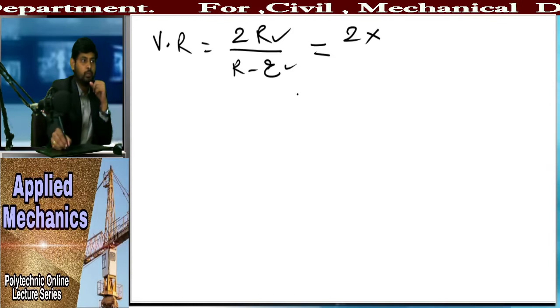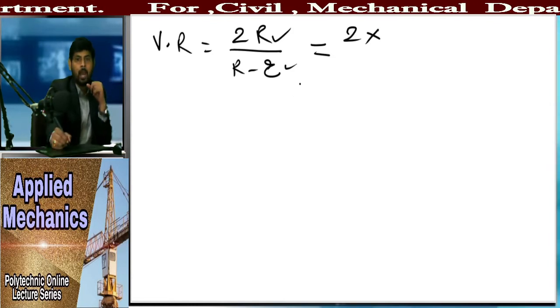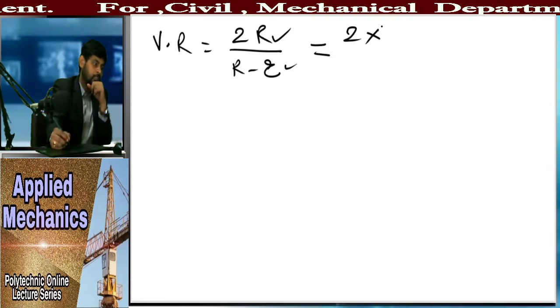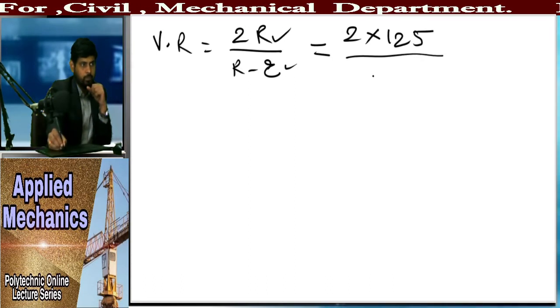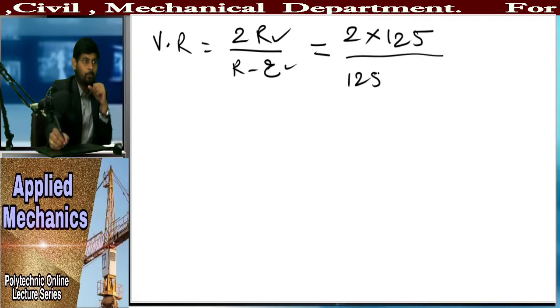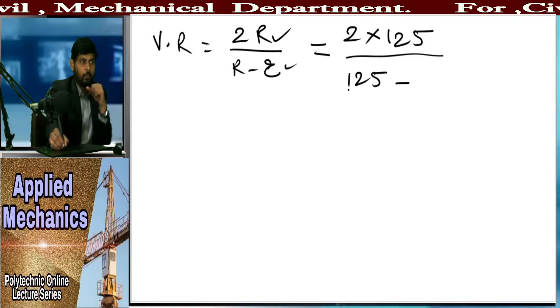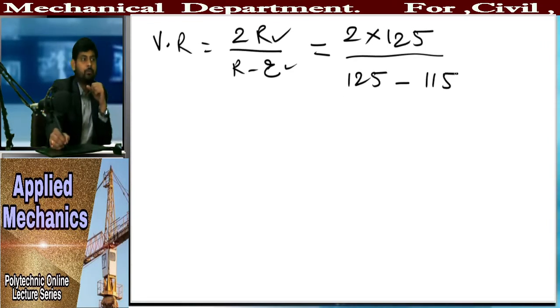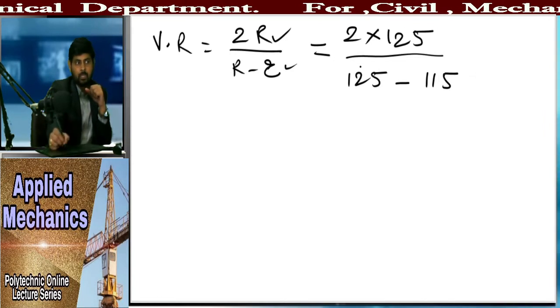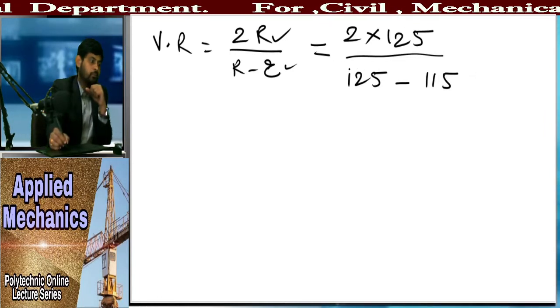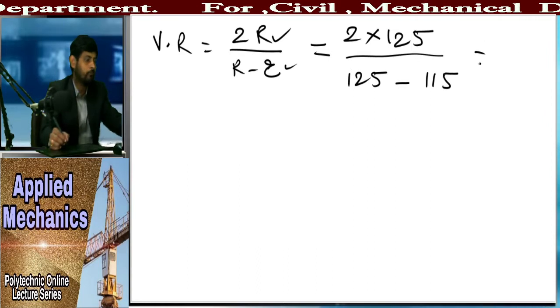So here 2 into the value of R is nothing but how much? That is 125, divided by the value of capital R, which is 125, minus the value of small r, that is 115. Then do the calculation of this term on your calculator, then you will get the value of velocity ratio.